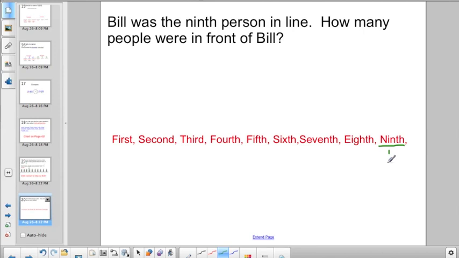We don't really care about how many people were in the line because if you're 9th, how many people are in front of you? You got somebody first, second, third, fourth, fifth, 6th, 7th, and 8th. If you're 9th, you have 8 people in front of you, don't you? You don't need to know how many people are in that line.